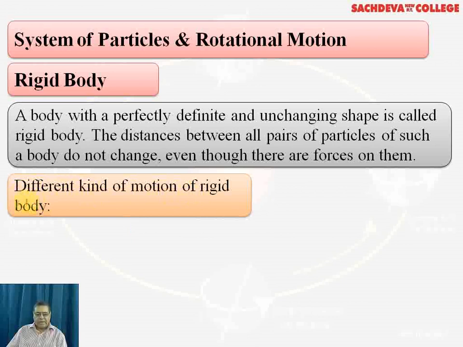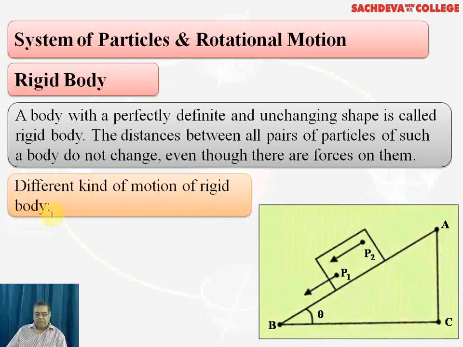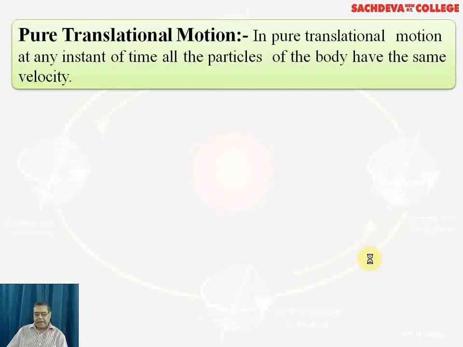Another thing we find is that the motion of a rigid body can be of different kinds, like rotational and translational. For example, in a given diagram, there is a wooden block, and P1, P2 are the particles of that block. We find that if there is translational motion in the block, then P1, P2 will also have the same velocity as that of the block, so it is sliding down the plane.